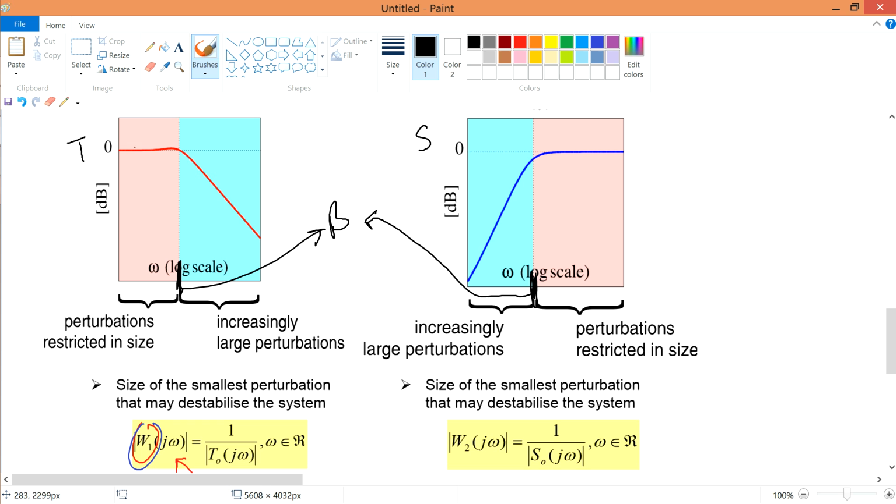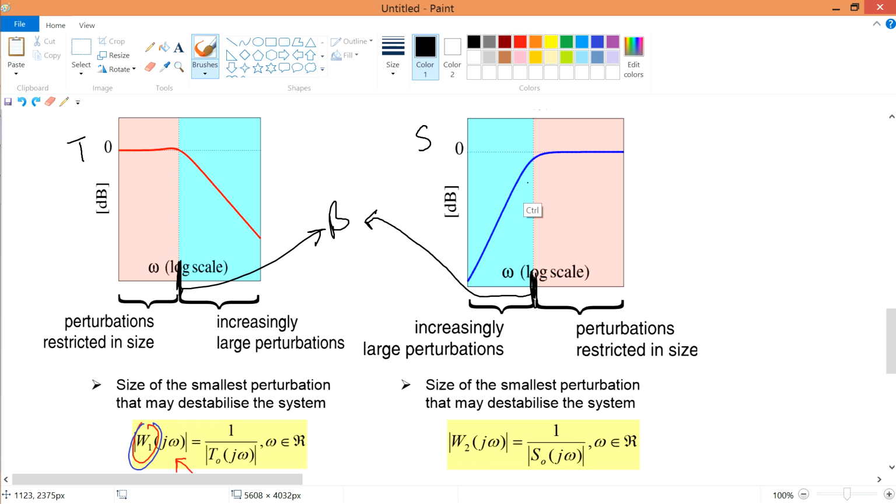Where at this point is always a maximum. Up till here it actually cut off at this particular frequency, and then it drops down. At this point it's increasing, and at this cutoff frequency it increases all the way.